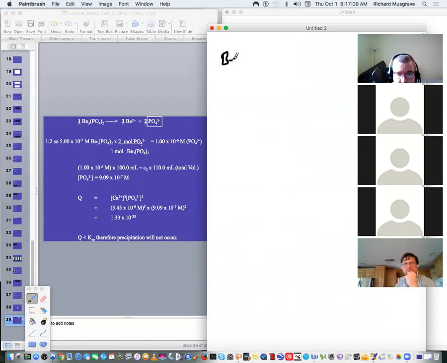Now the beryllium phosphate splits apart a bit differently than the previous one, but what it does is it breaks apart into 3 Be2 plus and 2 phosphates.